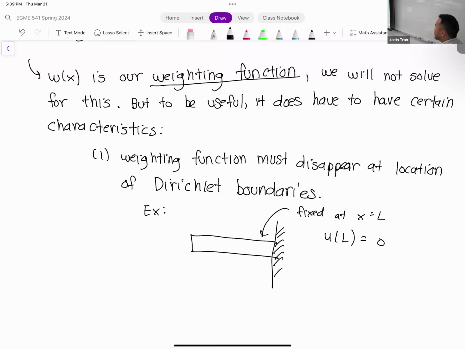That's our Dirichlet boundary condition. If u of L is equal to 0 there, or if we have a Dirichlet boundary condition, that means w of L must also equal 0 as well. So if u of L is equal to 0, therefore w of L is also equal to 0.